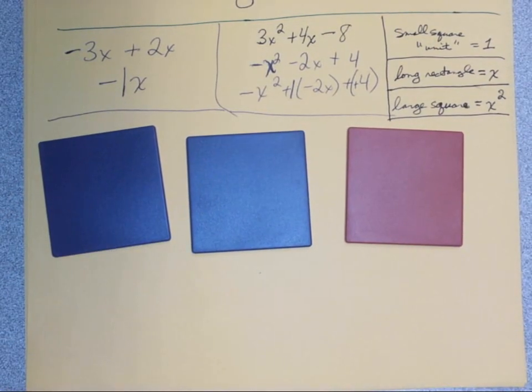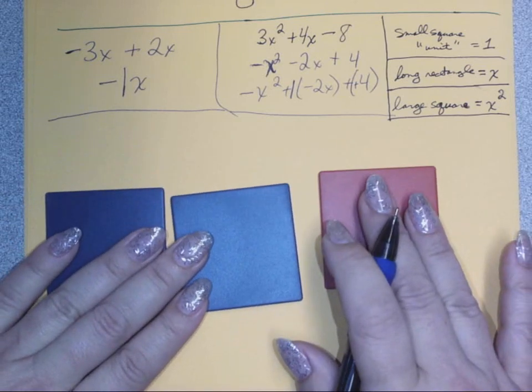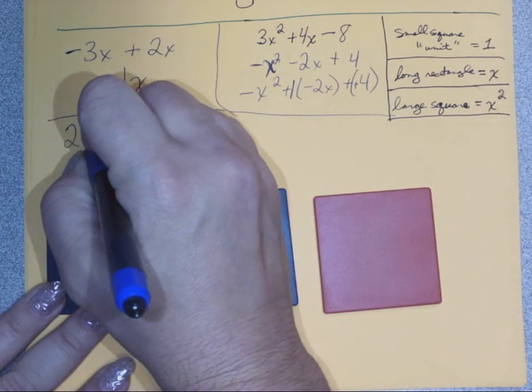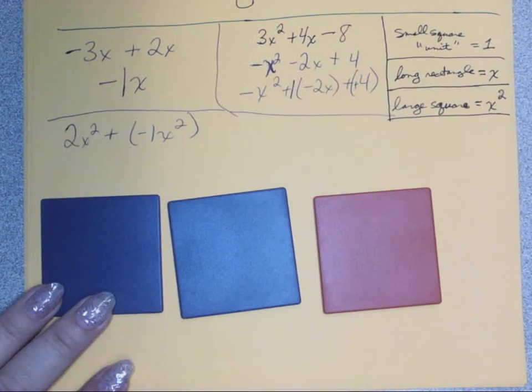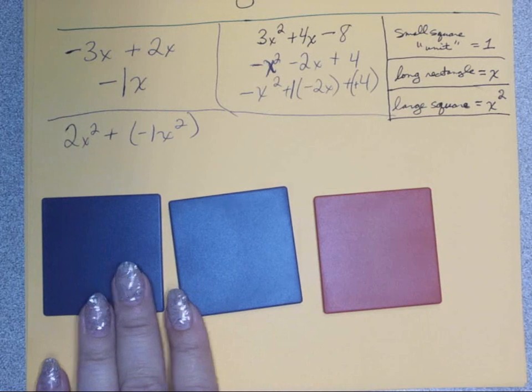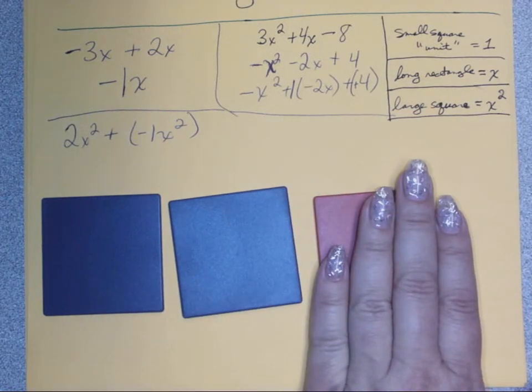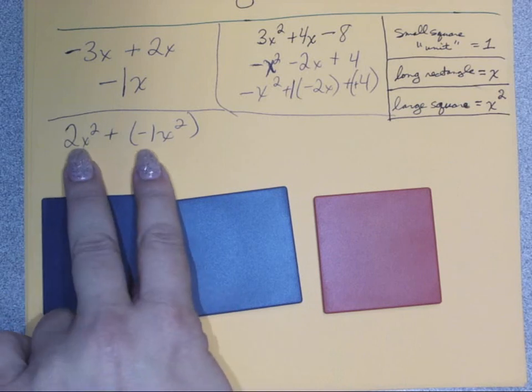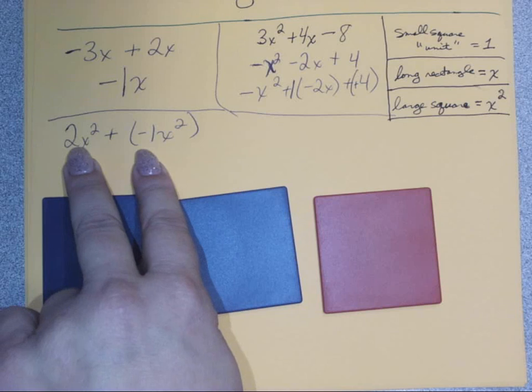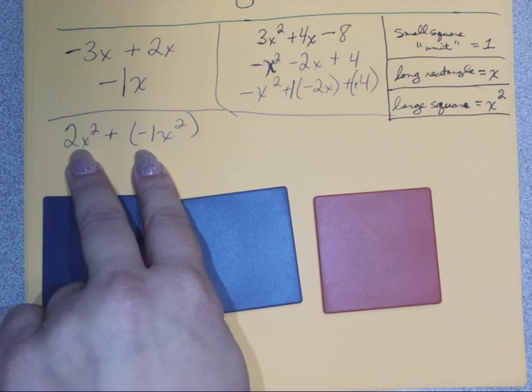Just so that we all know, if you'll write down what it is that I'm demonstrating with the blocks here. Okay, I think that is 2x squared plus negative 1x squared. Does everybody agree? Positive 2 x squares, negative 1 x square. So again, we have that old rule that says they're opposite signs, so I'm going to subtract and take the sign of the bigger one.